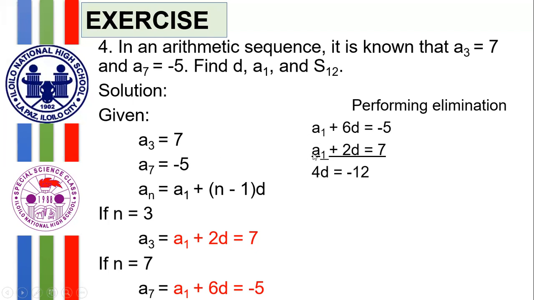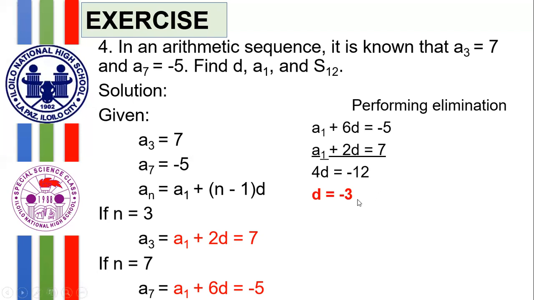So subtracting both sides, a sub 1 minus a sub 1 is 0. 6d minus 2d, it's 4d. -5 minus 7 is -12. So we have here 4d equals -12. Dividing both sides by 4 gives d, or your common difference, of -3.